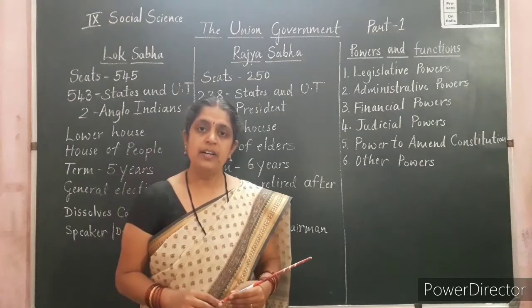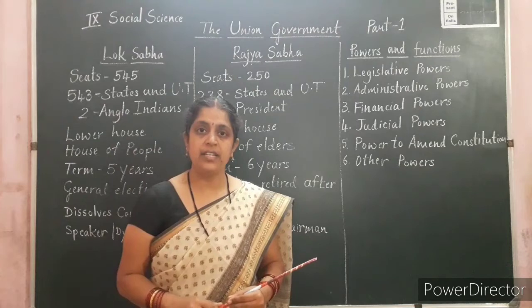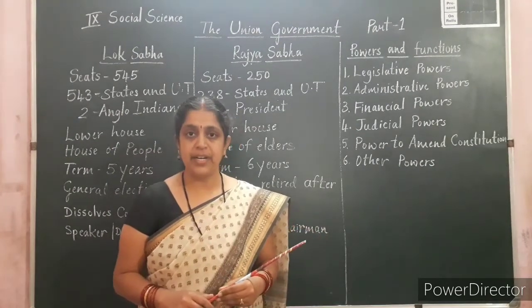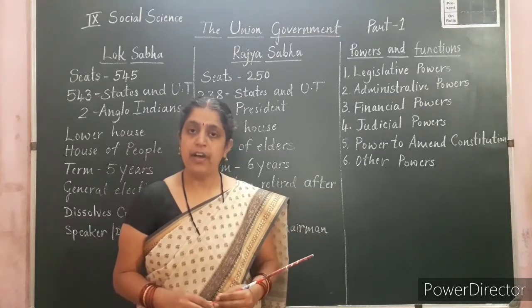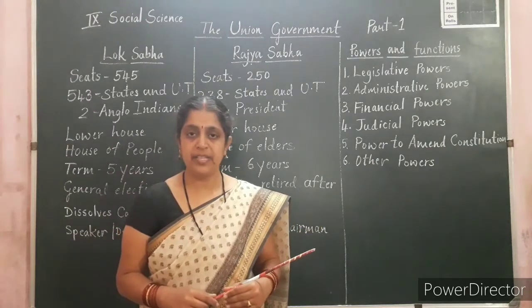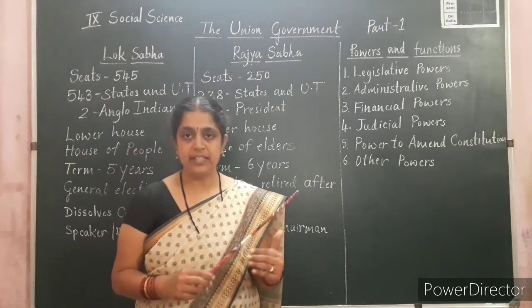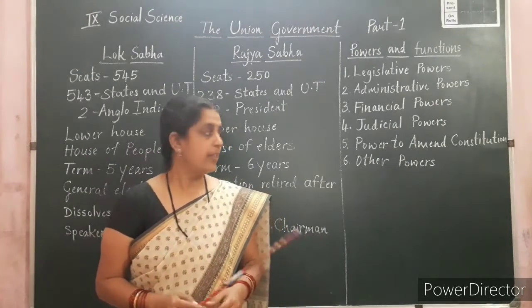The Rajya Sabha must send its consent within 14 days, otherwise the bill is considered accepted. Then it is forwarded to the President for the final approval. After the final signature of the President, the bill is considered passed in the Lok Sabha and the Rajya Sabha.